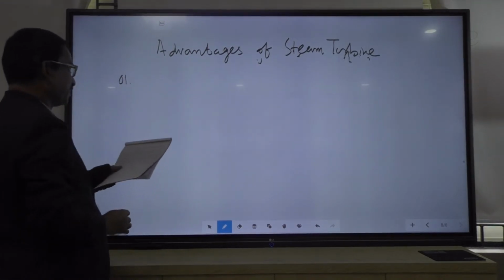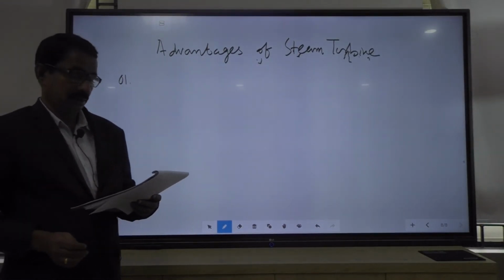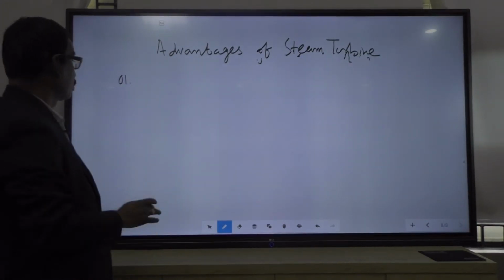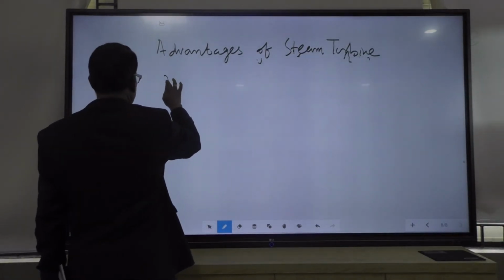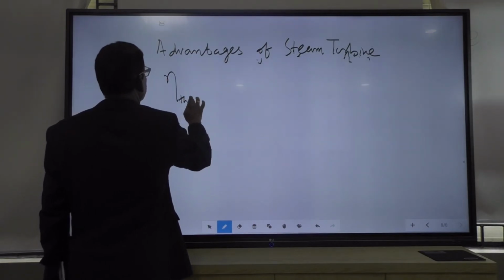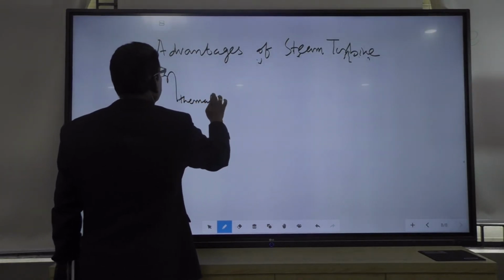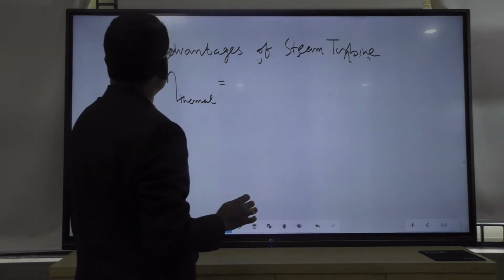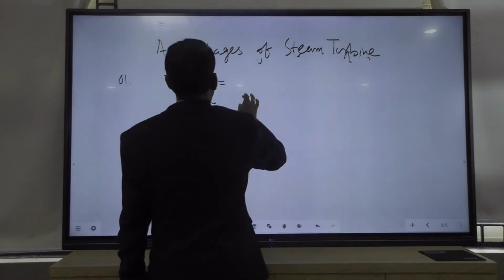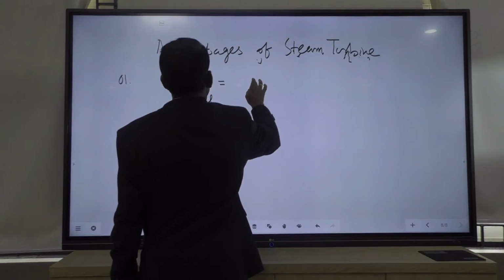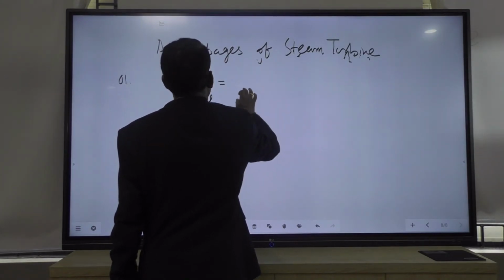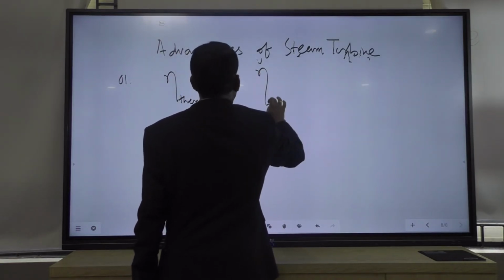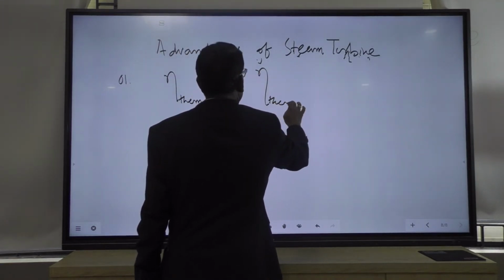the thermal efficiency of the turbine is much higher than that of the steam engine. The thermal efficiency means output by input of the steam turbine is very high compared to the thermal efficiency of the steam engine.